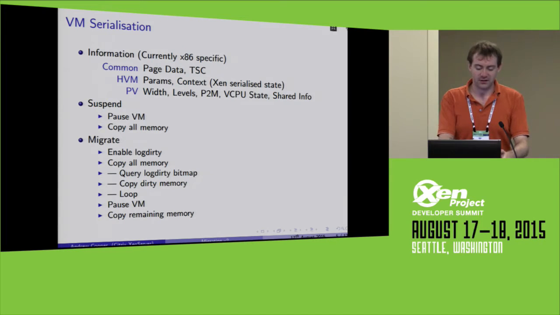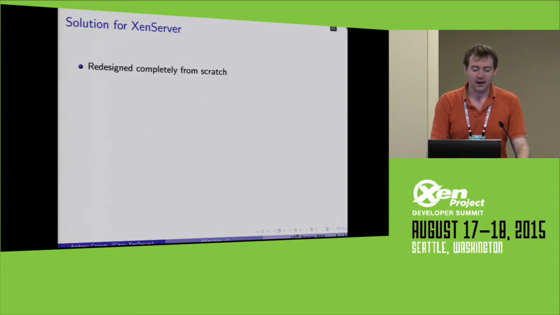And the idea is that over time you get down to a small set of pages, you pause the VM, and you copy the remaining bit of memory. The key point here is to have the VM paused for the least amount of time, because that's time when your VM is not responding. And the whole point of a live migrate is to attempt to keep it live whilst it's moving. I'll get back to a couple of bits of that later.